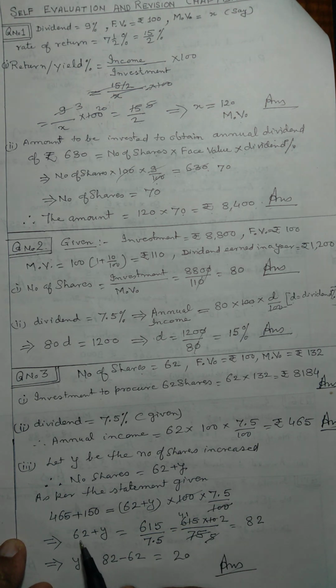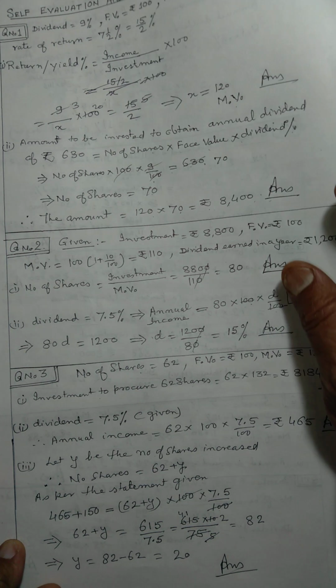You solve it, 62 plus Y will be equal to 82. So Y will be equal to 82 minus 62, that will be equal to 20. This will be the answer of the question number 3.